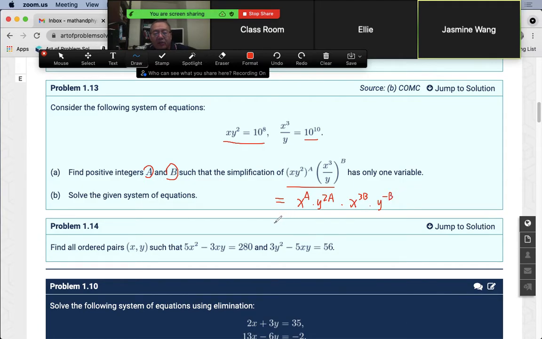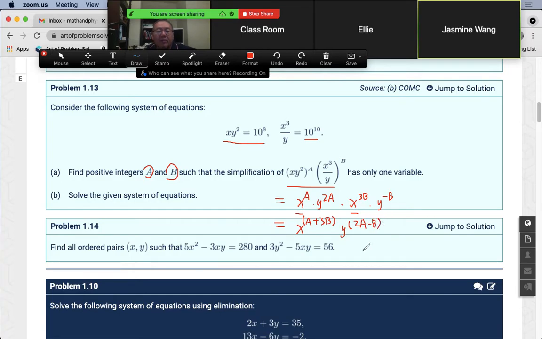Then you simplify the term of x. Because their base is the same, we can add their powers together. I get x to the power a plus 3b. This is the power for x. Then the power for y will be 2a minus b.